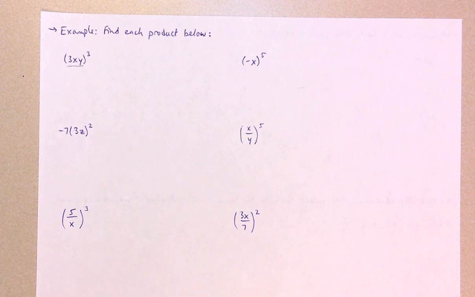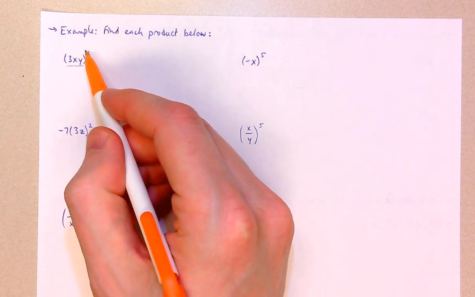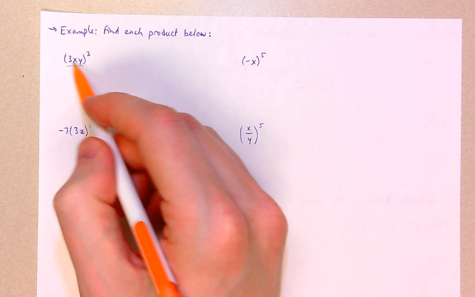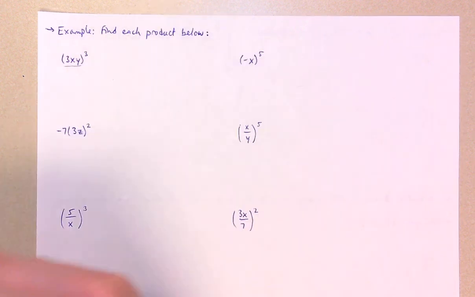We're multiplying each of these things, so we can use one of our previous properties that we talked about in this video. I can just distribute this exponent of 3 to each piece or each term making up this product.